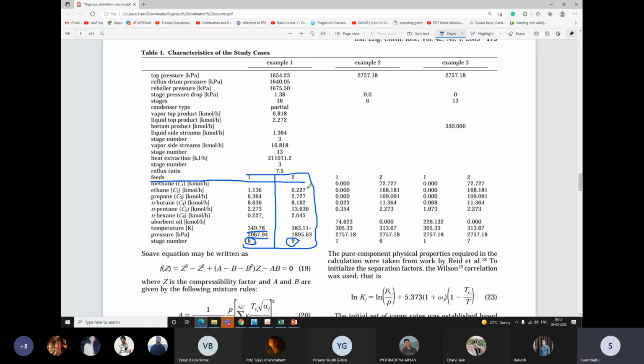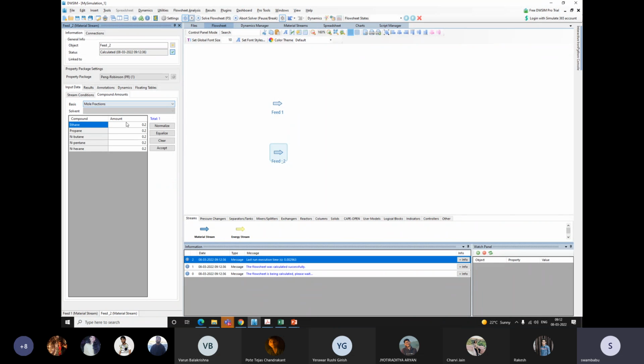So 0.227 is the first component. Again I'll go back to the mole flows. Did I put it in mole flows only? I will check. Yeah, this is mole flows.